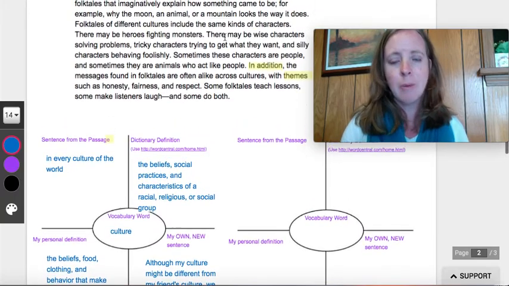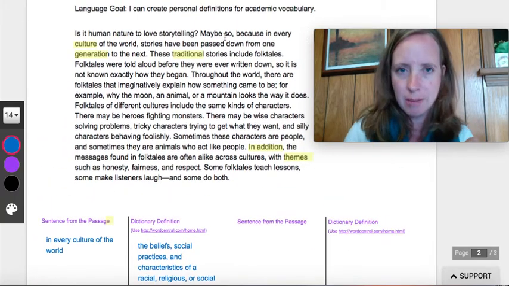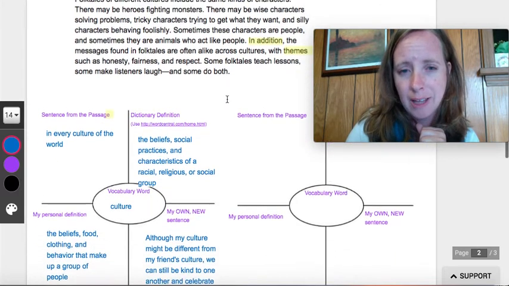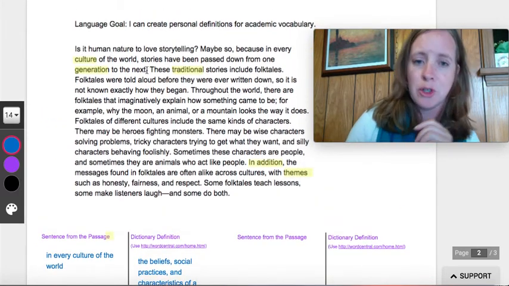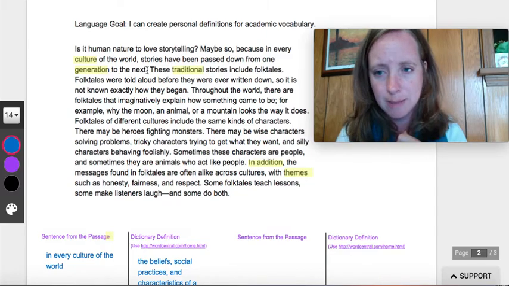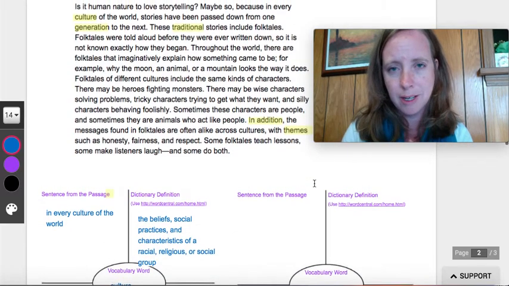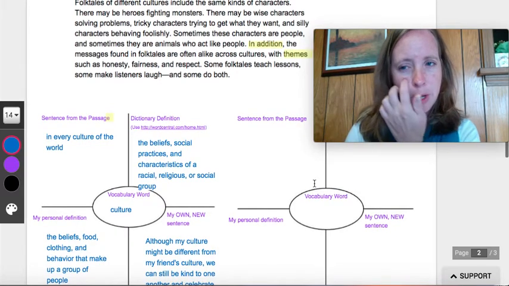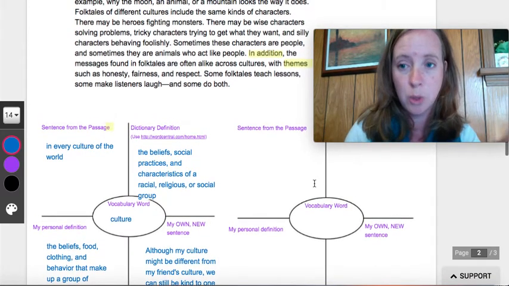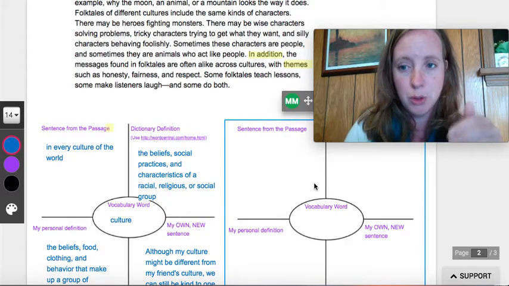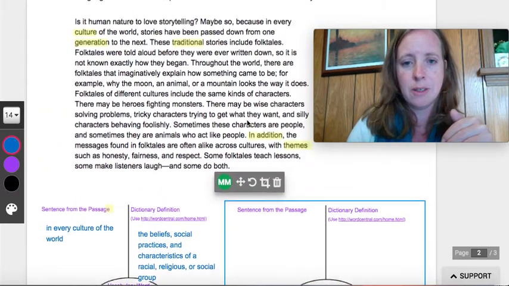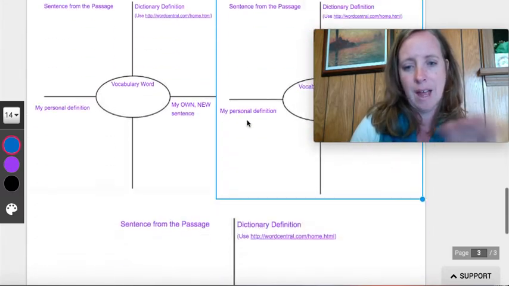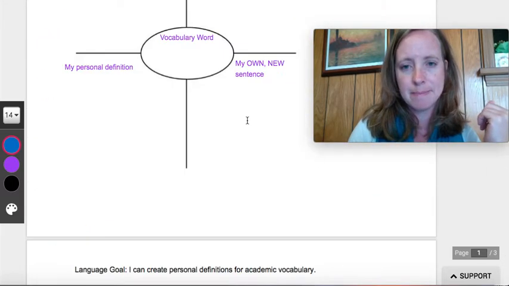And I'm going to put this document up as an example, and it will have the other highlighted words, generation, traditional, in addition, themes, completed as well. I just wanted to work through one example for you so that you could see the process that you are going to use when you complete your passage and your 5 vocabulary boxes.